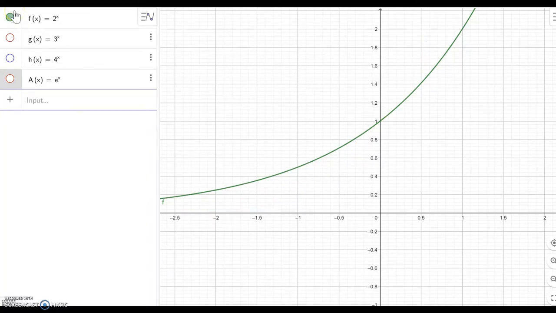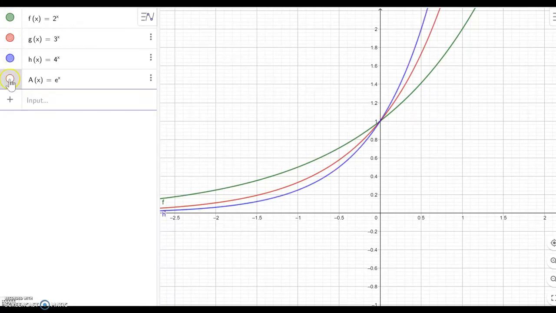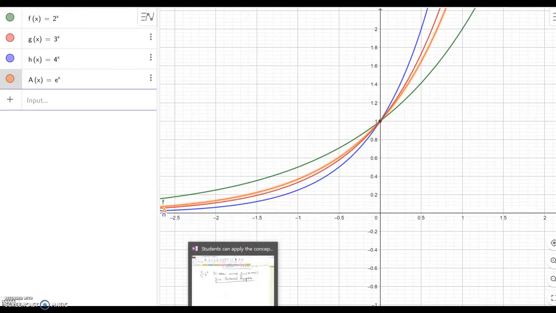That's the first graph, second graph, third graph, and fourth graph. No matter what, they all pass through this point here, right? A point on the y-axis. This point we can call (0, 1), and that is our y-intercept.